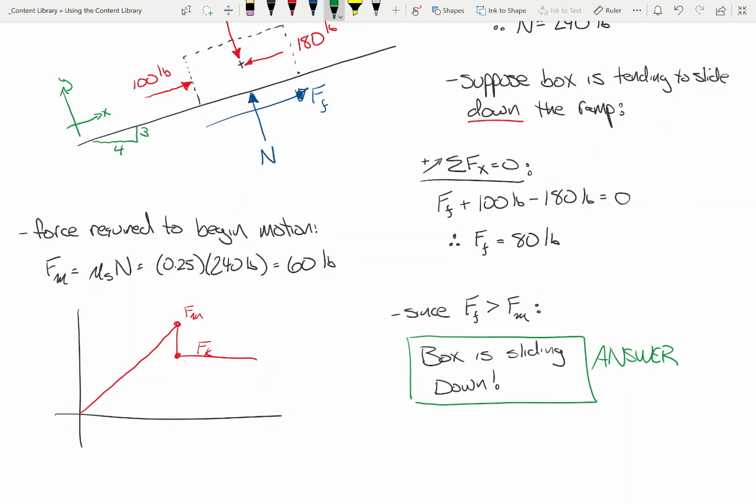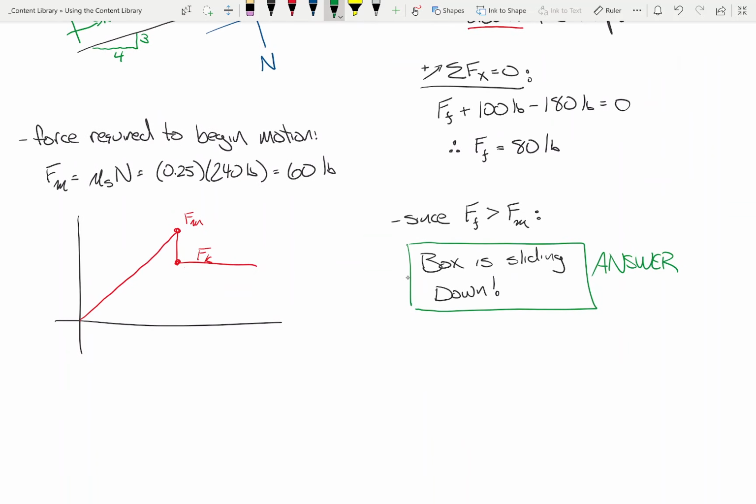By the way, if the box is in motion, what is Ff? This is impossible, basically. We can't generate 80 pounds. So if the box is in motion, how much friction can we generate?